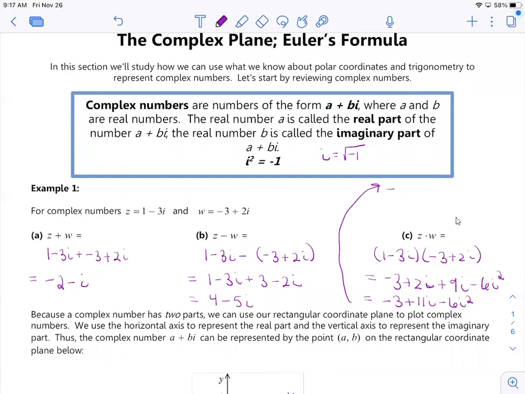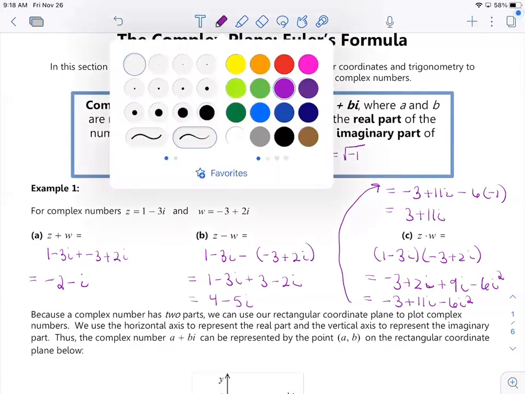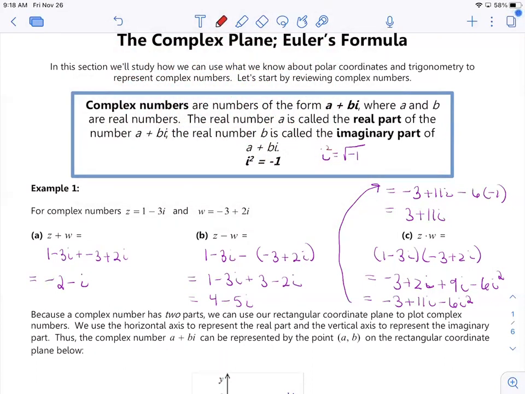So we have -3 plus 11i minus 6, but that i squared is a -1. And so that becomes a plus 6, so we end up getting 3 plus 11i. So don't forget that i squared becomes a real number. And that is because if I squared this and I squared this, it would get rid of that radical.